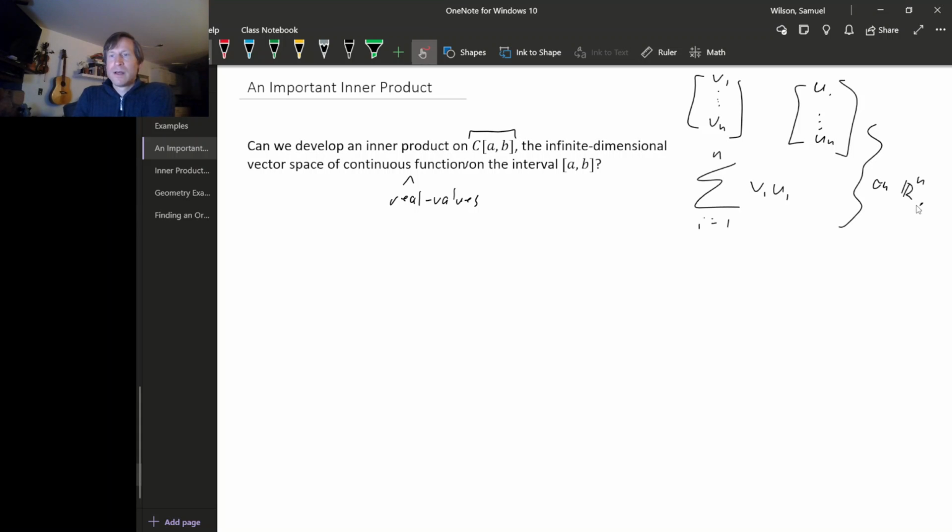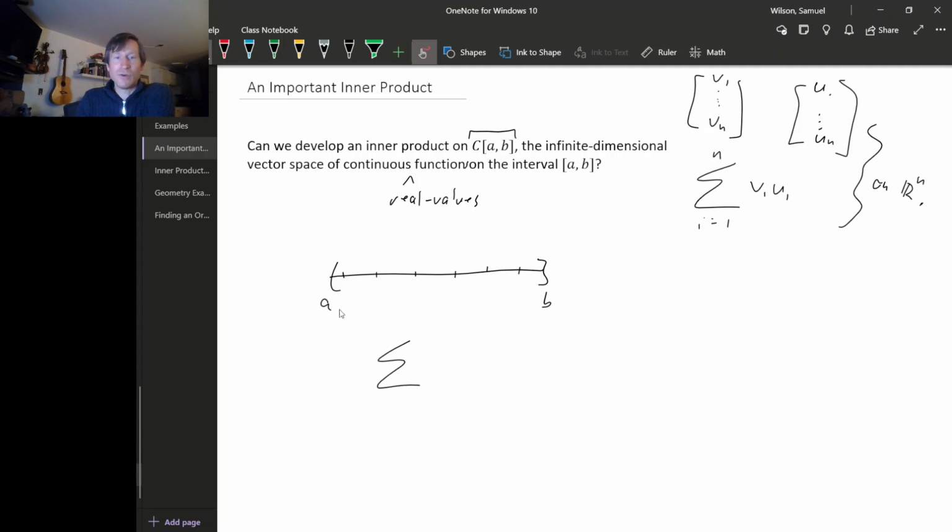So we can use this as an inspiration for getting an inner product on the continuous functions from A to B. On the interval from A to B, we could sprinkle some x values between A and B, and we could do this exact same kind of sum.